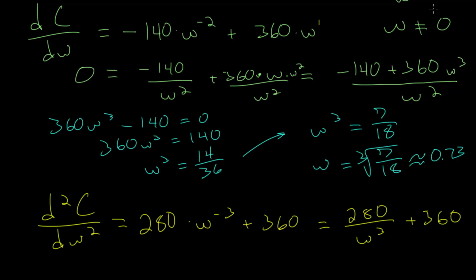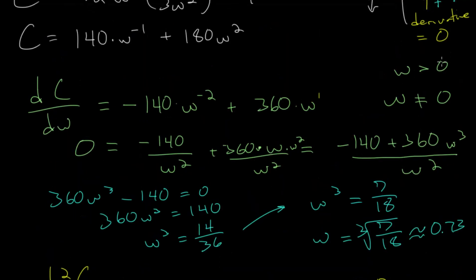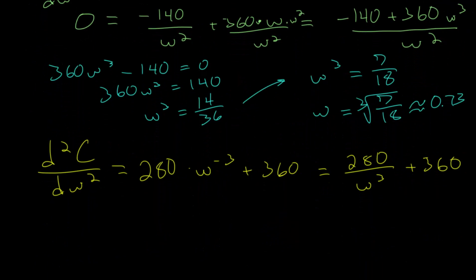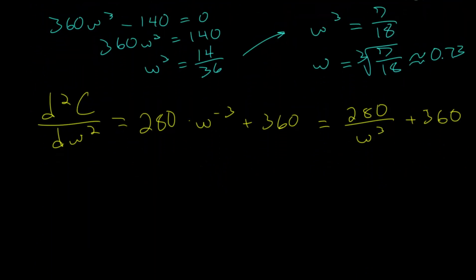And we just need to remember that we determined w is always a positive number since it's a width and it can't equal 0. It is a physical length. So this fraction here, since w is positive, is always positive, and then we're adding a positive number to that.